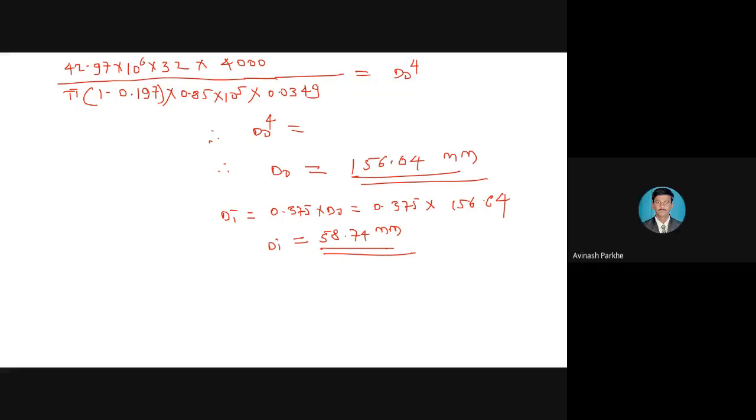From angle of twist, you will get the external diameter as 156.64, and by using the shear stress, you will get the external diameter as 154.97. Similarly, by using the angle of twist, you got the internal diameter as 58.74, and by using the shear stress, you got the internal diameter 58.11.